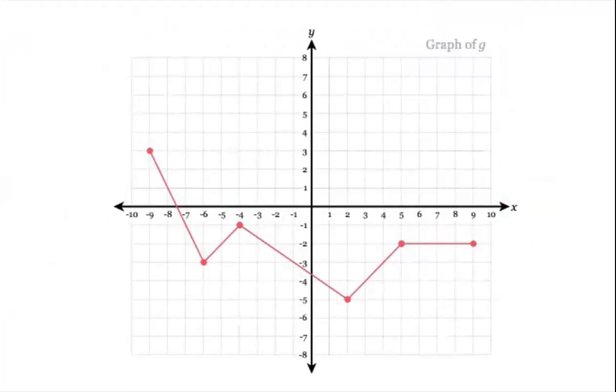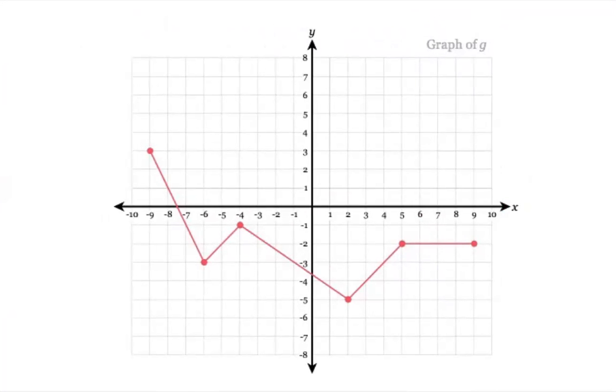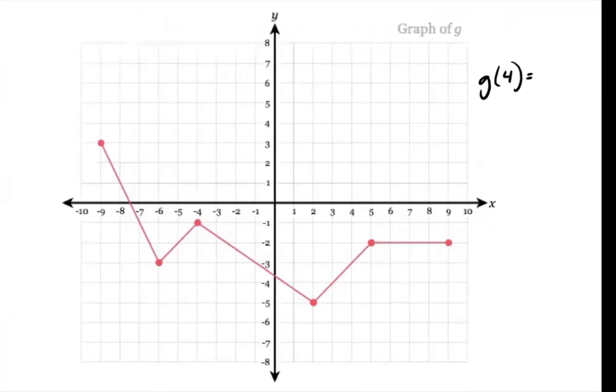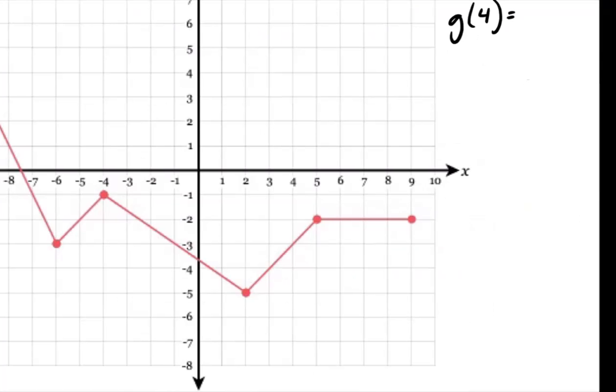So if I'm looking for g of 4, I'm looking for what that equals. What does that 4 inside the parentheses represent? X, right? It represents an x value. So when x is 4, that's right here.